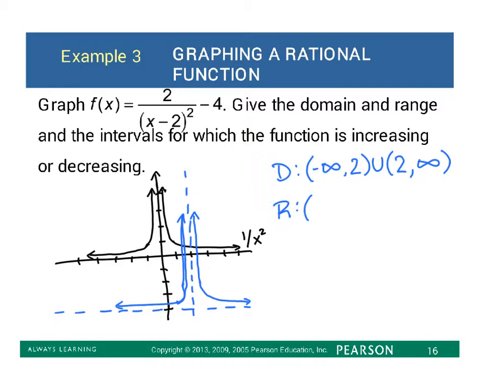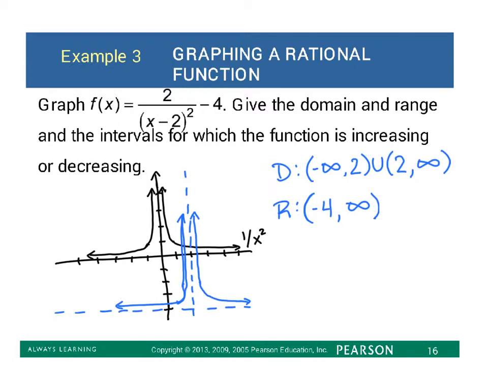The way we say we're not including that number is by using a parenthesis rather than a bracket. So -4, and then the rest of the graph goes upward. It doesn't go down at all. It goes up here, then it goes down on this part, but never goes below that point. So from -4 to infinity is our range.